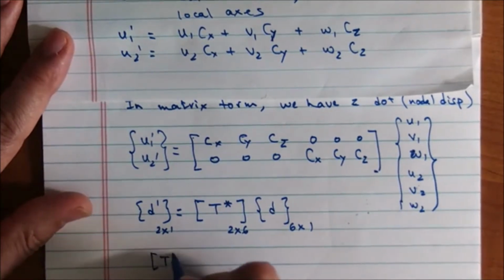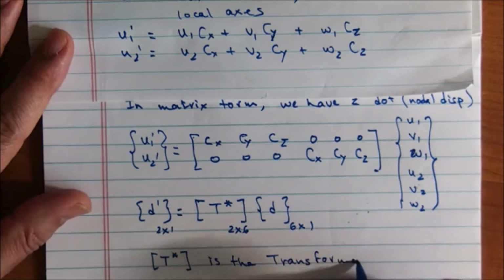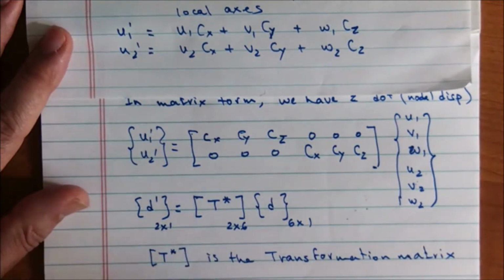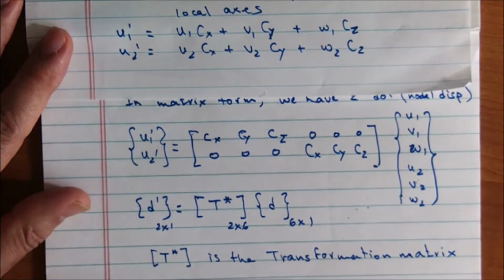So T star is the transformation matrix. And by the same token, I can express the element nodal forces F prime with respect to the local axis as a function of the nodal forces with respect to the global axis F using the same transformation function T.